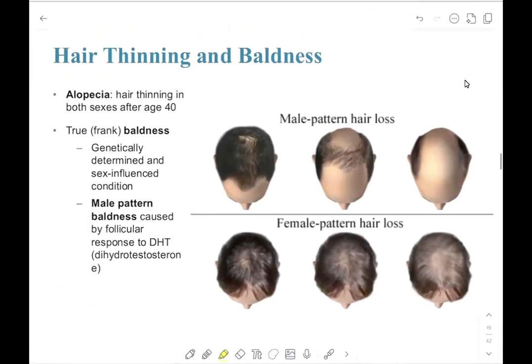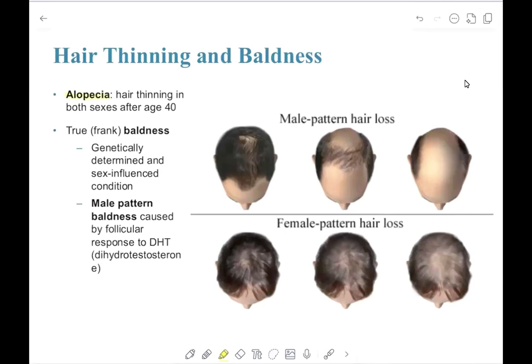Now, in the case of hair thinning and baldness, we've all probably heard of alopecia. The term alopecia is hair thinning in both sexes after the age of 40. And the hair is not replaced as quickly as it sheds.